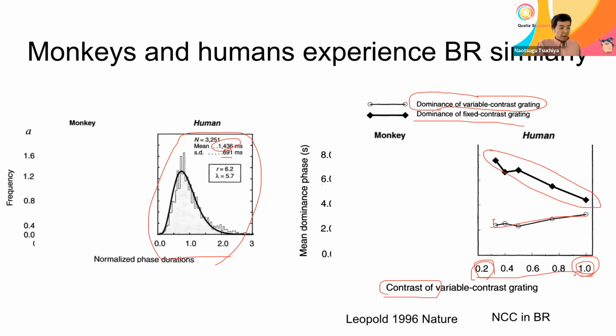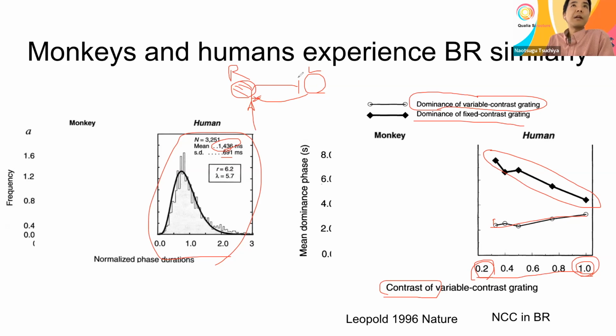Does anybody have an idea how this can possibly happen? It's probably very difficult to imagine, so I don't expect anyone to guess that. But one possible idea that has been invoked to explain this finding is that the right eye strongly inhibits the left eye, and the left eye also cross-inhibits the right eye.